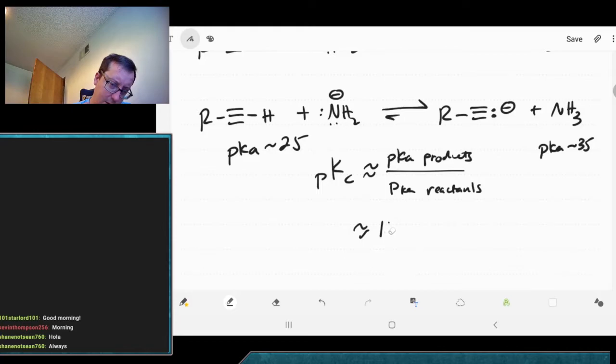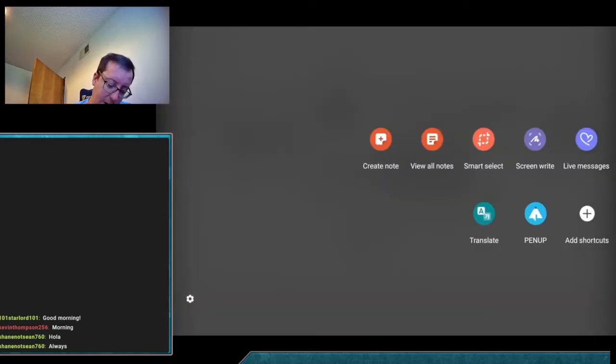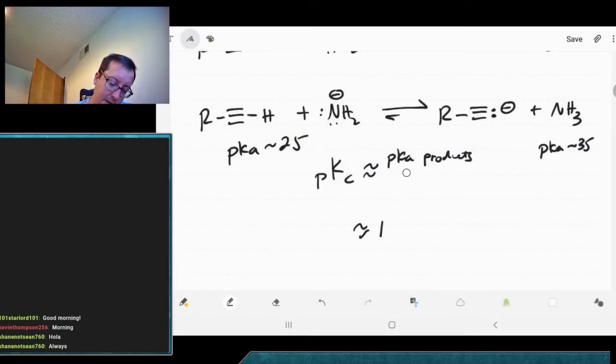Because these are logs. Either way, it's probably closer to minus, because these are logarithms of product minus reactant. So we're looking at about 10 here.